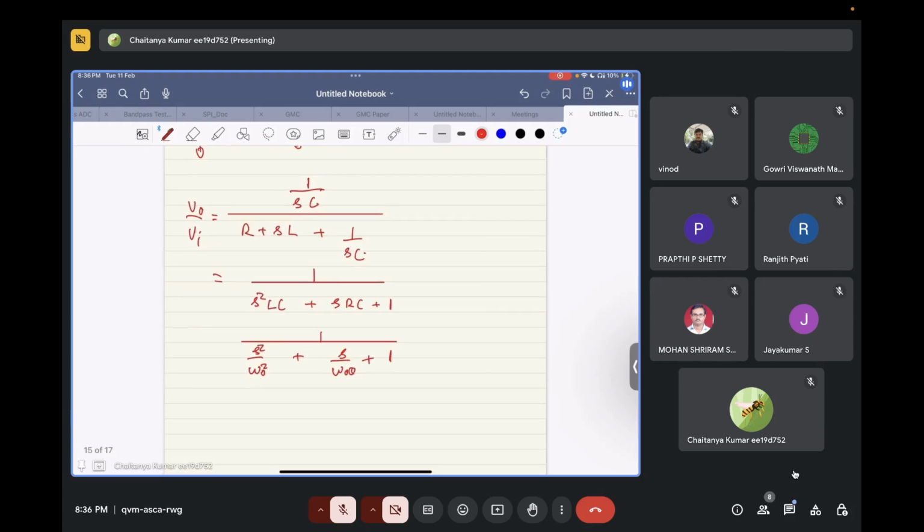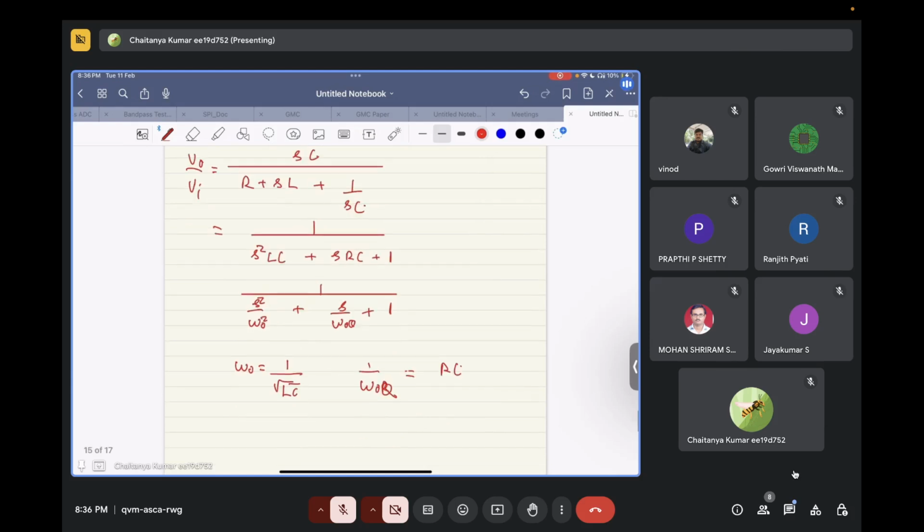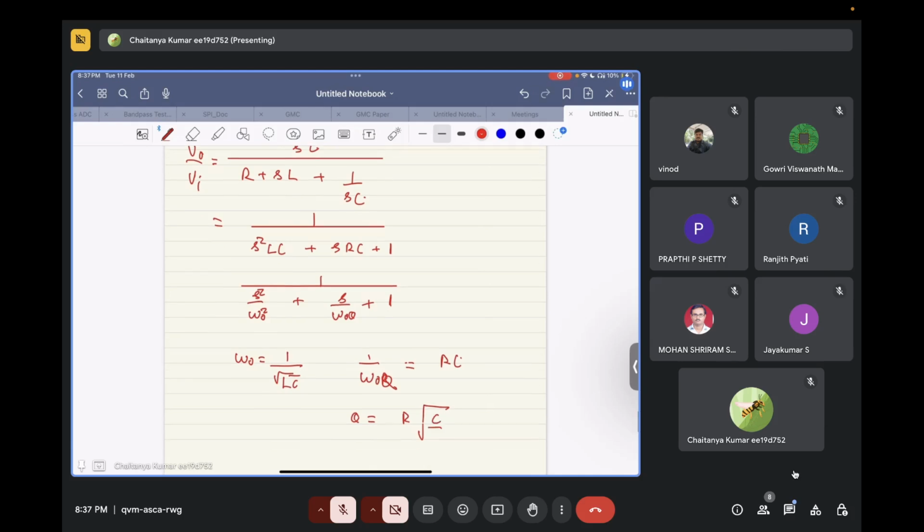So if you compare with that, omega naught you get as 1 by square root LC. What is the quality factor? 1 by omega naught Q is equal to RC. So from here, what is the Q that you get?